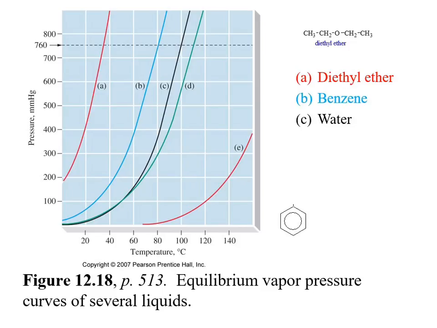Benzene looks like this, and this actually is C6H6. We'll be talking more about how you relay what a molecule is. But think of carbon, carbon, carbon, carbon, carbon, carbon. This is my C6H6, benzene.